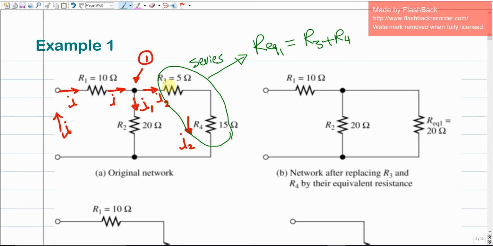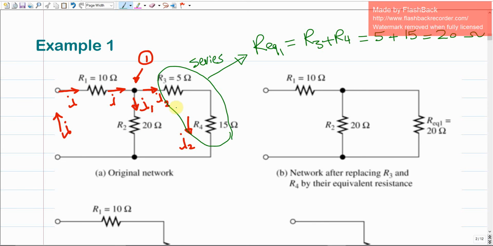You're just going to sum these 2 resistors. How much is R3? It should be 5. How much is R4? It should be 15. So if we sum, we end up with R equivalent of 20 ohms. Make sense? So now R3 and R4 are series, and we combined them together.